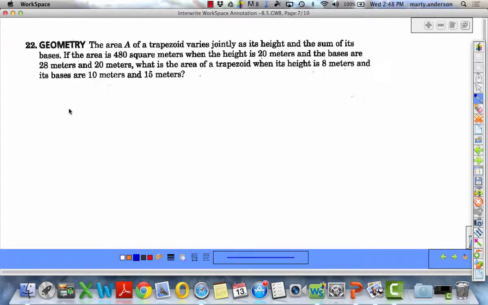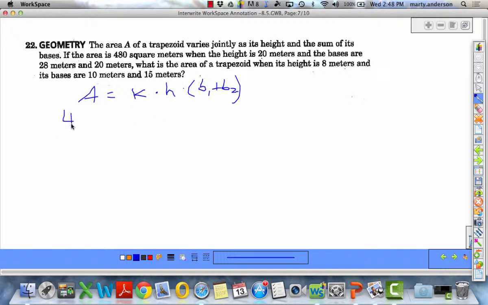Last one, geometry. The area of a trapezoid varies jointly, more than one. Area of a trapezoid varies jointly, which means jointly as its height, k times h, and the sum of its bases. This would be base 1 plus base 2.